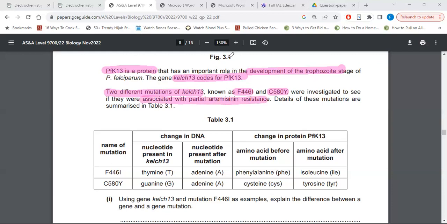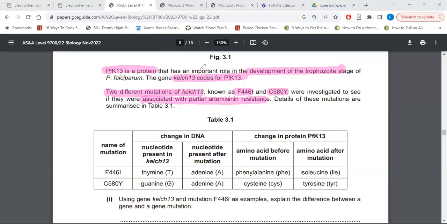Artemisinin is the drug therapy, and resistance, like you develop drug resistance, bacteria develop antibiotic resistance. So they're basically seeing if mutation of your KELCH13 is going to help the pathogen develop resistance to the drug. That's what they're trying to see, because KELCH13 gives us the protein that they need for survival.